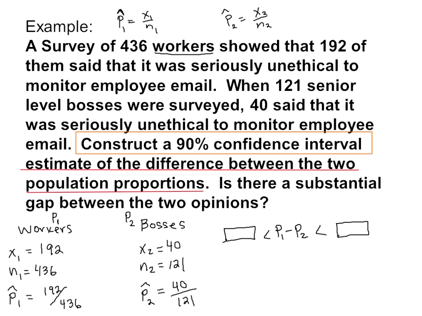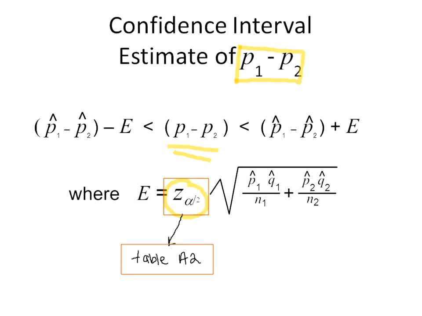Now I have to go back and make sure I'm checking all my numbers, so it looks okay. All right, so now remember what your formula had. You need the margin of error.